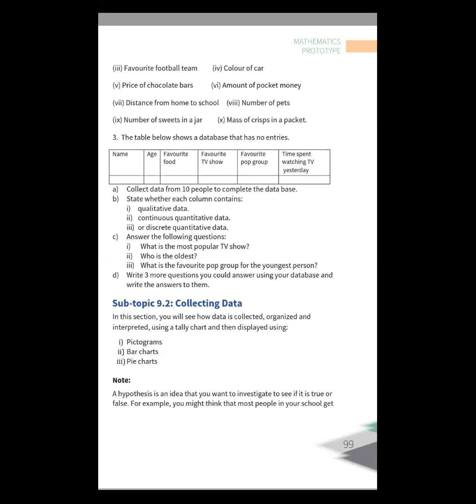Say, for example, if you're 14.5 years, then that is continuous, okay? But your position will be discrete because you can either be first or last, okay? And then for qualitative, from quality, you're dealing with something that you cannot measure, something that is not tangible, just the quality of it.